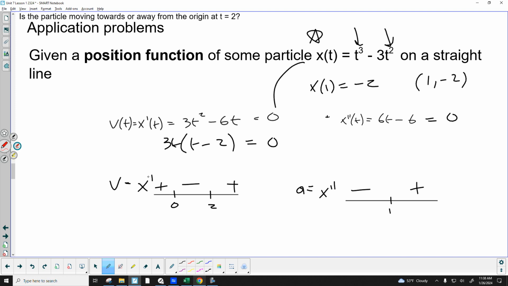If x prime is positive and negative and positive, you know x increases, decreases, increasing. You know you're moving right, left, right. If x double prime is negative and positive, you know that x prime, which equals v, is decreasing, then increasing.